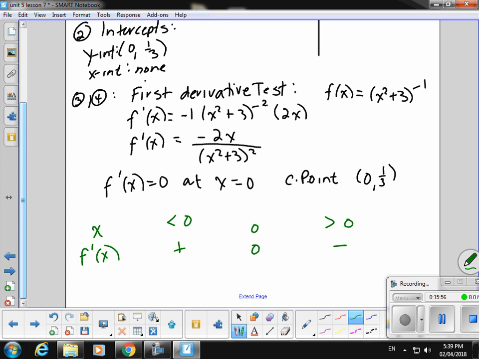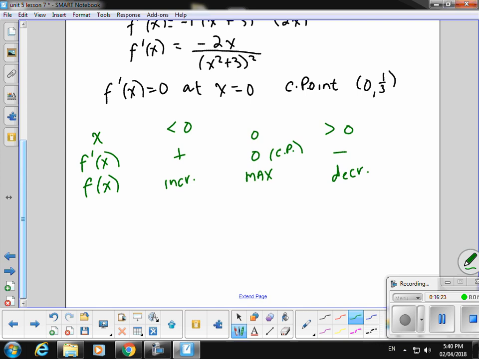I know I do this quickly, but you're smart. That tells me about the function. It tells me it's increasing. It tells me it's decreasing. So if something is increasing and then decreasing, we have a maximum at our critical point. We already know what that point is. That's awesome. The next thing that I should look for is perhaps the second derivative test.